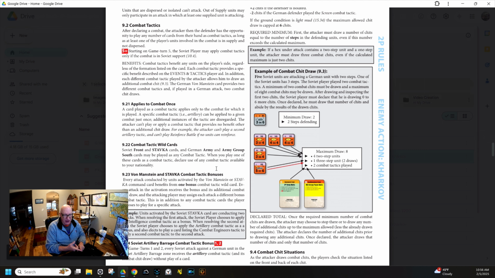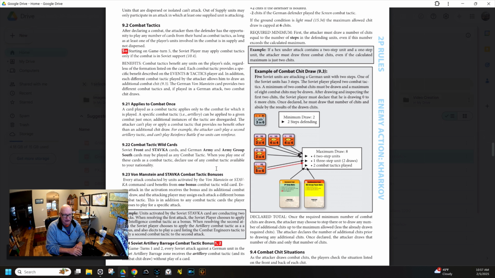Soviet Front and Stavka cards, German Army and Army Group South cards may be played as any combat tactic. When you play one of these cards as a combat tactic, declare use of any combat tactic available to your nationality. So in those cards, you can use any of the tactics if you're playing that card. Von Manstein and Stavka combat tactic bonuses.